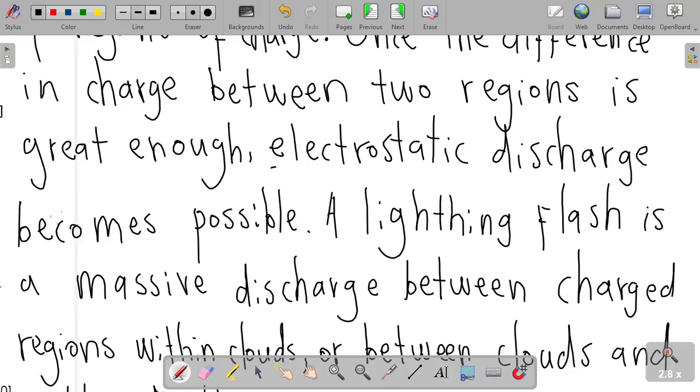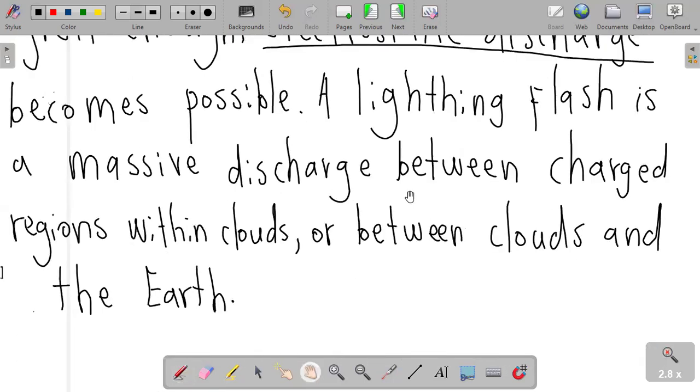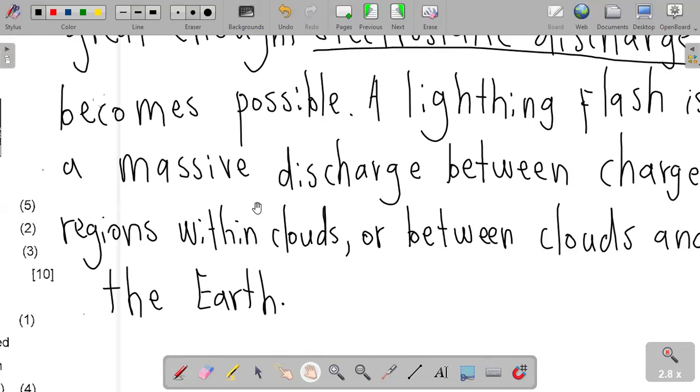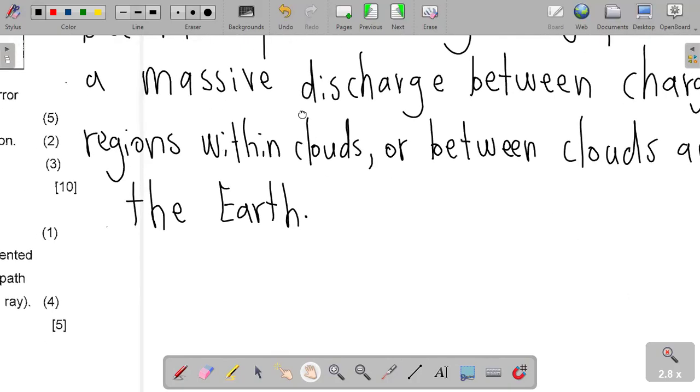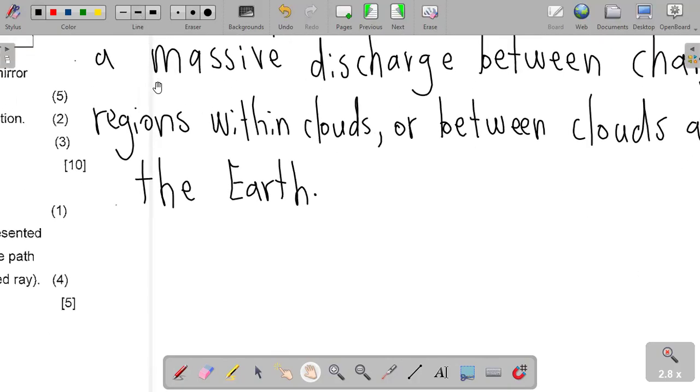Then a lightning flash is a massive discharge between charged regions within clouds or between clouds and the earth. So that is how lightning is formed.